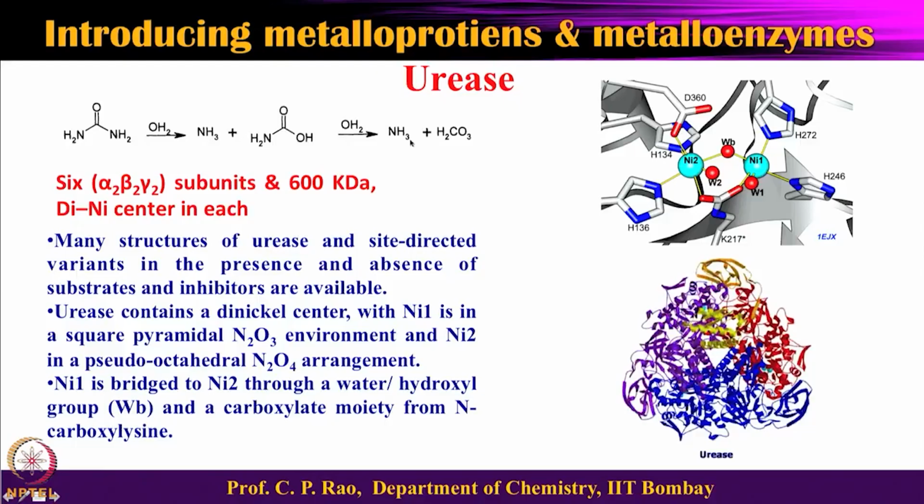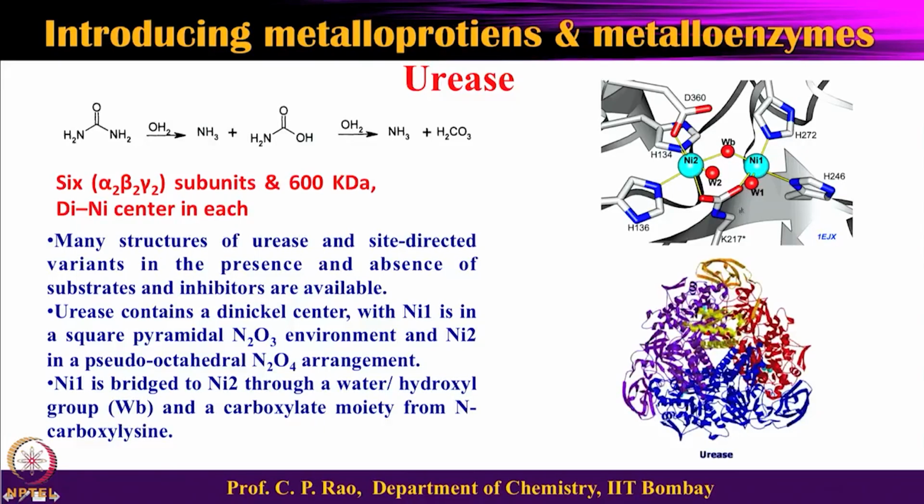Now, as I said, each subunit has a dinuclear nickel center, and you can see one here on the right side on the top. You would see there is one nickel here, and another nickel here. One of these nickels has N2 here, nitrogen binding, as well as one oxygen, another oxygen from carbonyl, and another from water. So, what is the nickel 1 coordination?